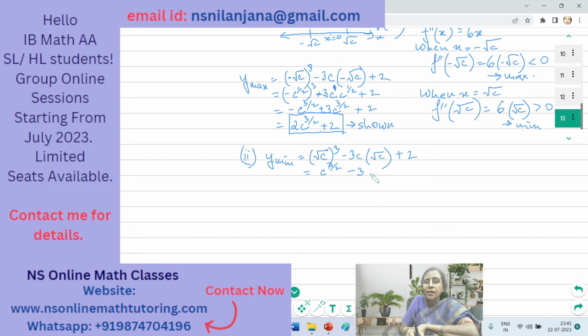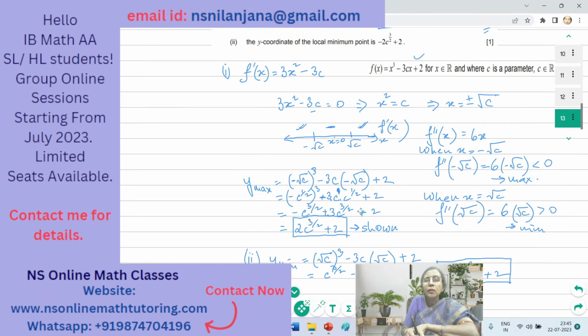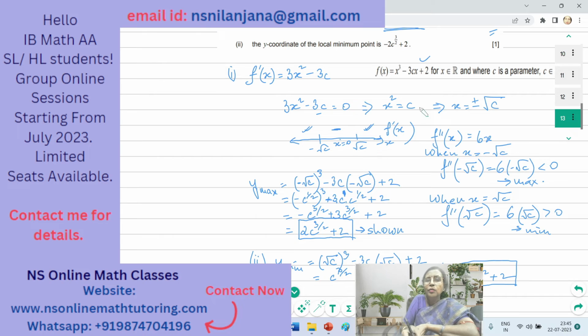So this is minus 3 c to the power of 3 over 2 plus 2, which is equal to minus 2 c to the power of 3 over 2 plus 2.